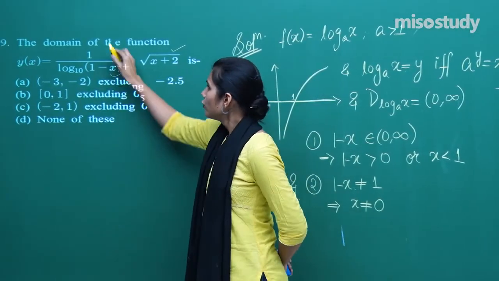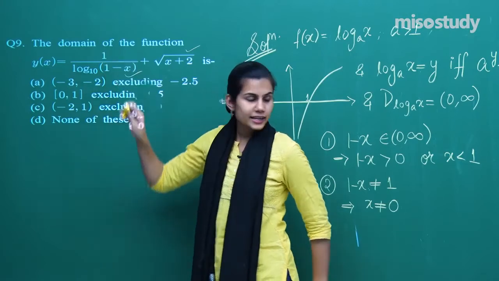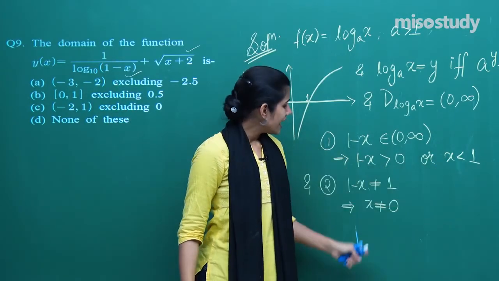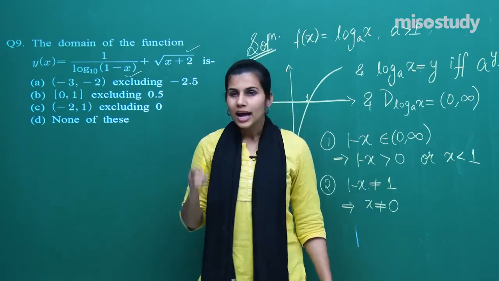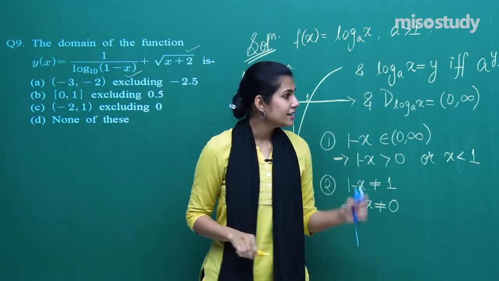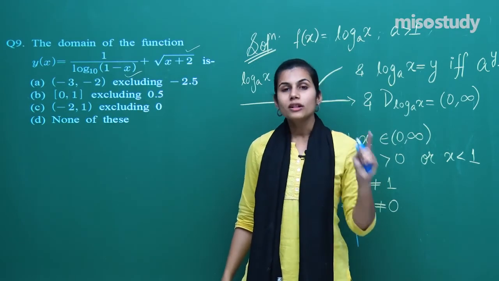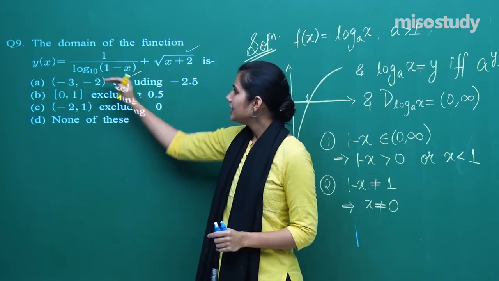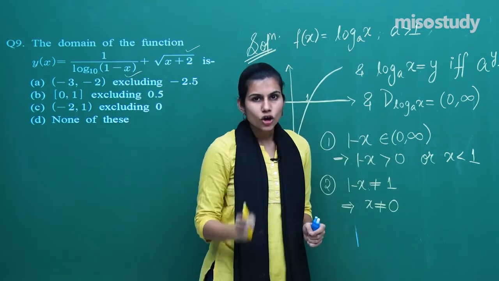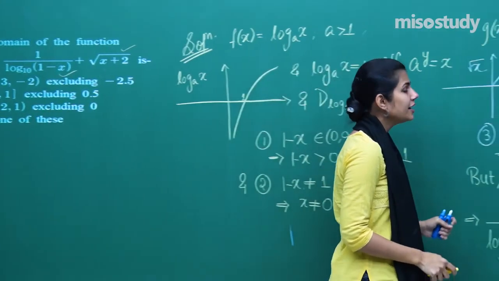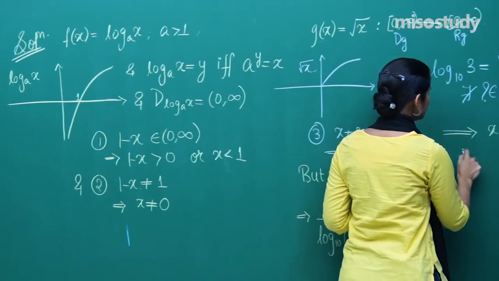And thus, for this expression to be defined, I want x should be less than 1 and x should be not equal to 0. And for this expression to be defined, I want x should be greater than minus 2. And when all three conditions are satisfied, my entire function is going to yield only real values. That is, x should be less than 1, the first condition.